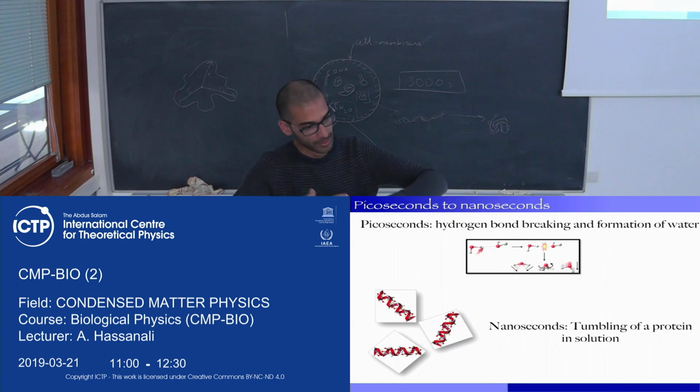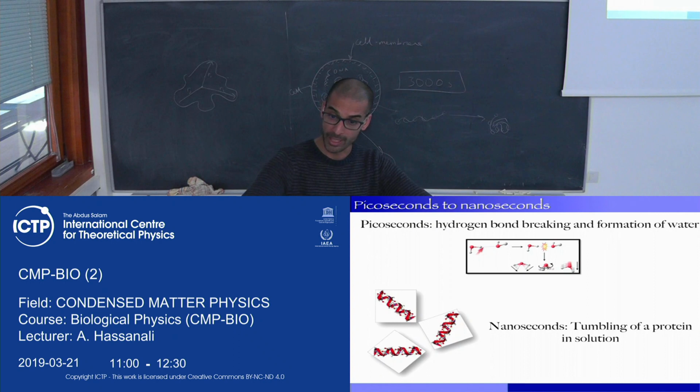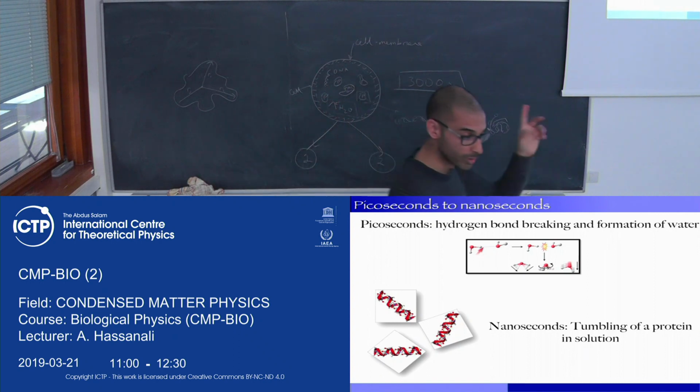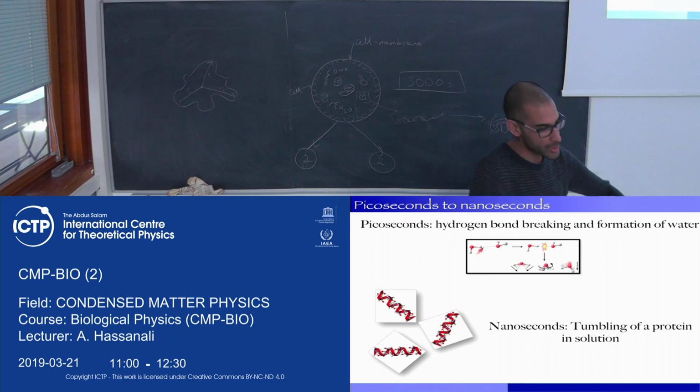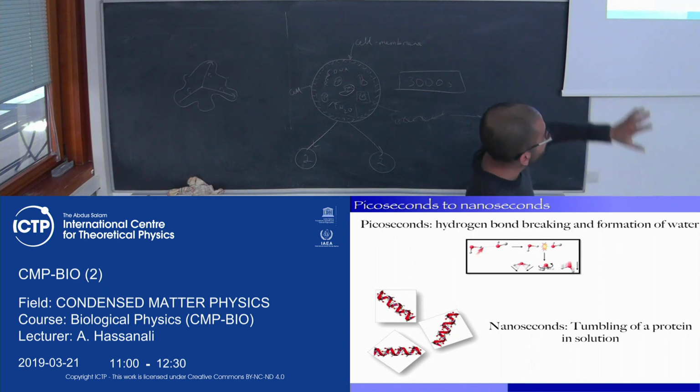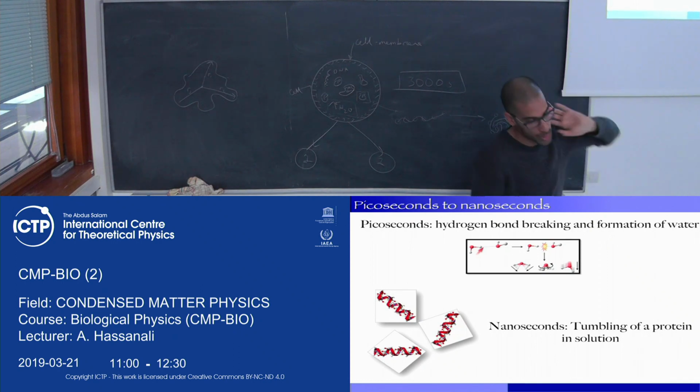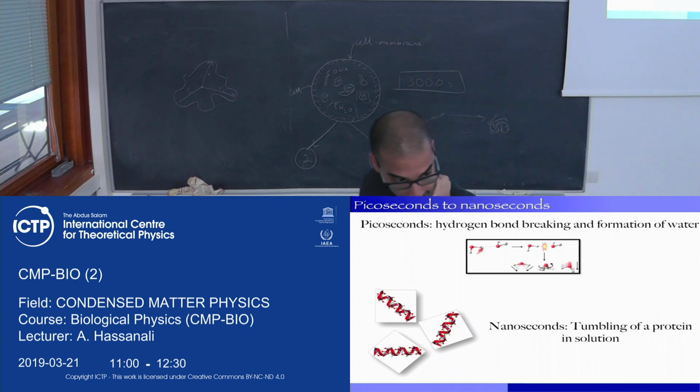They're breaking and forming. The time scales associated with the breakage and formation of hydrogen bonds of water, and the time scales associated with the tumbling or fluctuations of a protein, are on the order of picosecond to nanosecond. So now we've gone from femto to pico and nano.